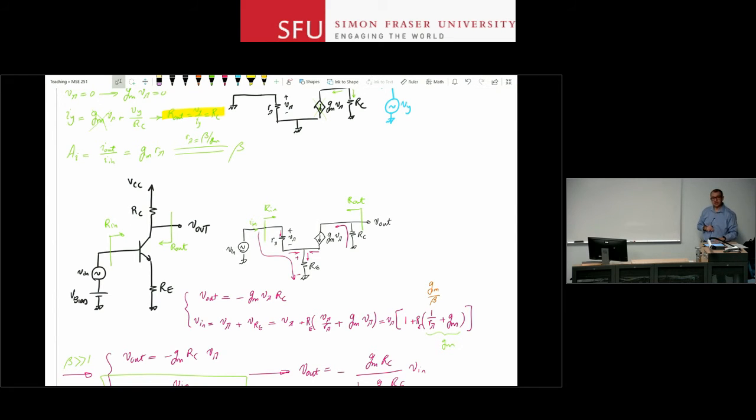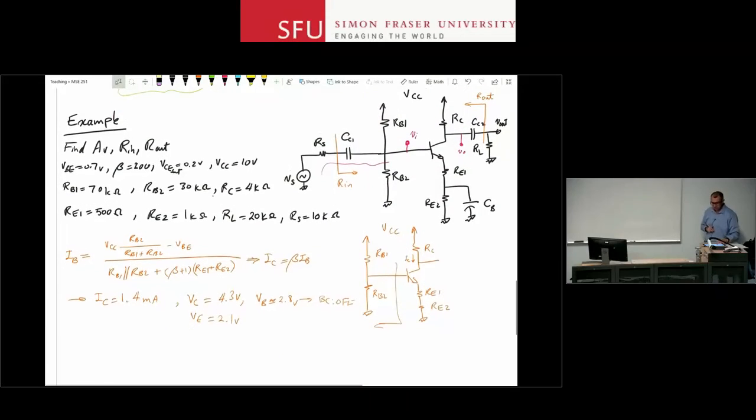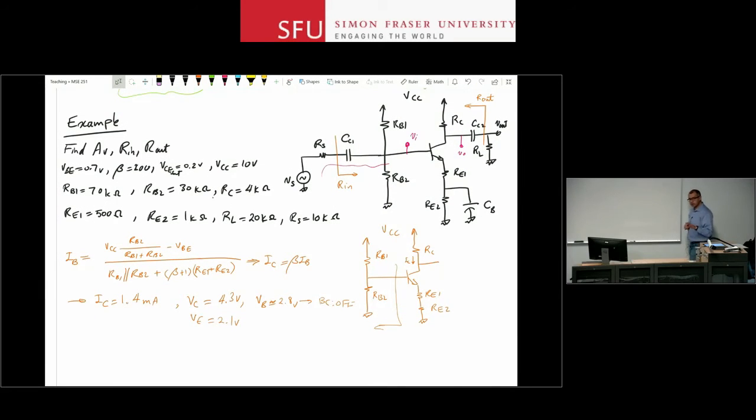So I'm going to use the calculations that I did here to make my life a little bit easier. For you, I strongly suggest doing a full small signal analysis on this circuit first, then comparing the results with the AC analysis that I'm going to show you in a second.